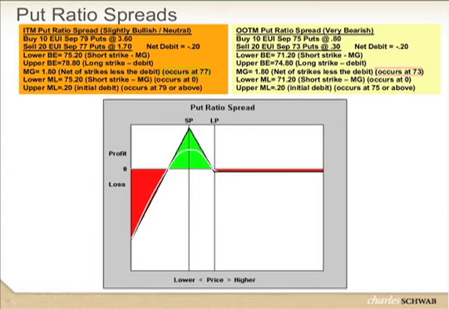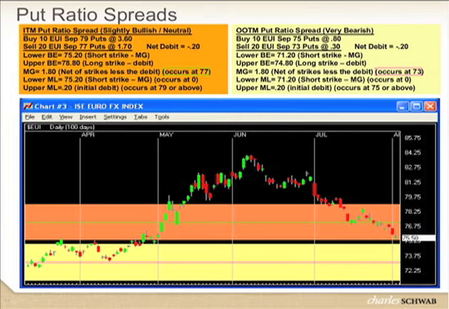So let's take a look at these on the chart. So first, the orange trade. Remember, my lower break-even is at 75.20, and 75.20 you can see below is the bottom edge of that orange zone that I've drawn in on the chart.